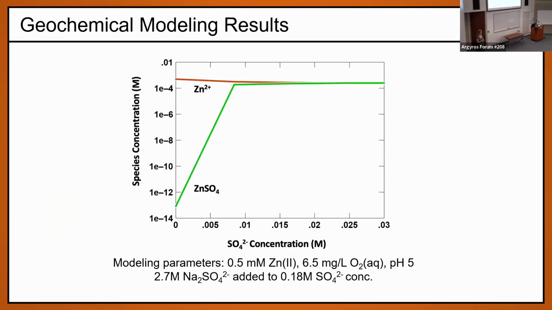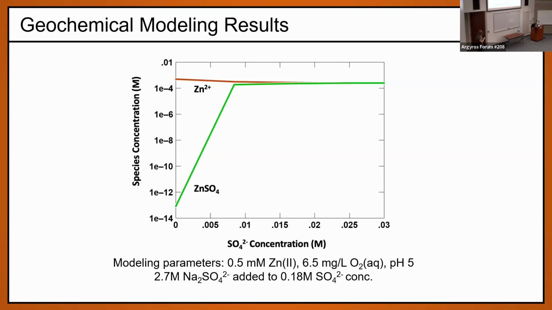Next, moving into our modeling results. The main thing to take away from our modeling is that the parameters are given, but the concentration of zinc is representative of that in the macroscopic experiments, and the amount of sodium sulfate added was in the same concentration as our macroscopic experiments. So we're asking the question, without the presence of our iron nanoparticles, what would the speciation of zinc be in solution?